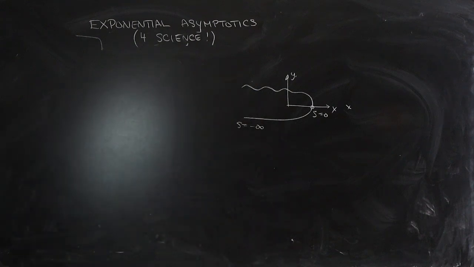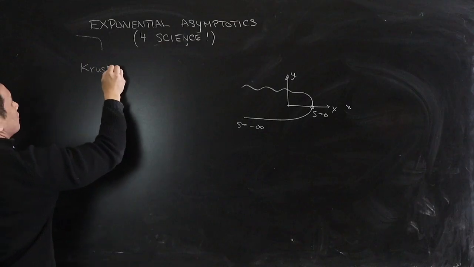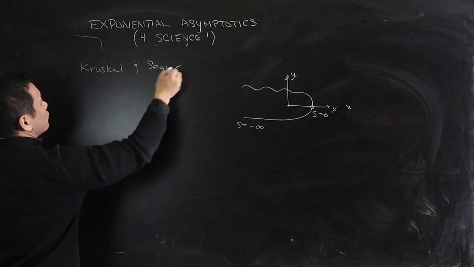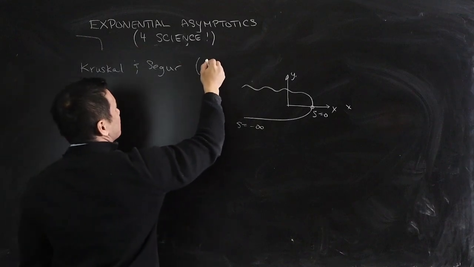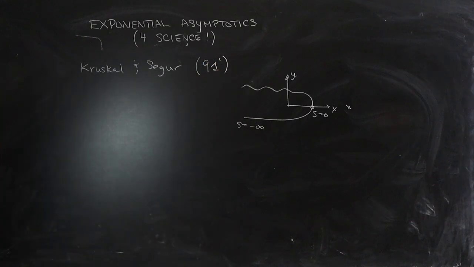Now, this analysis was done by Kruskal and Segur. The original exponential asymptotics are associated with Kruskal and Segur in '91.